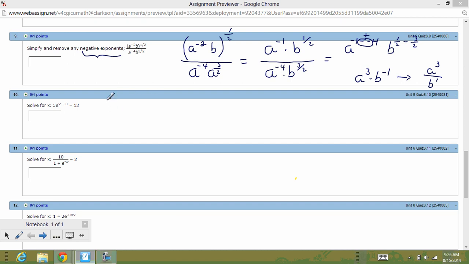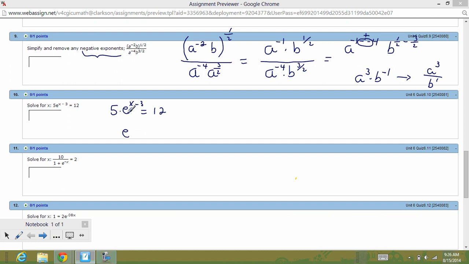Number 10, we're back to an exponential equation. And we have 5 times e to the x minus 3 power equals 12. Well, this unknown exponent, right? The variable is an exponent, so it's an exponential equation. And the first thing I'm going to do is isolate that term that has that exponent on it.